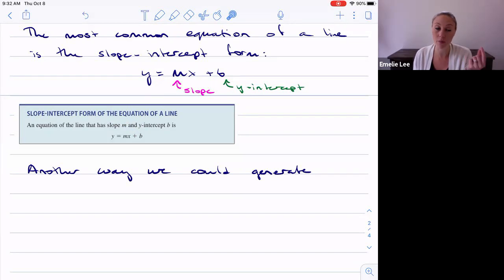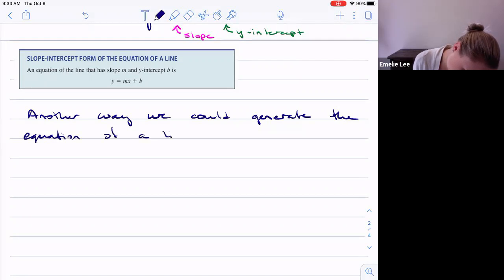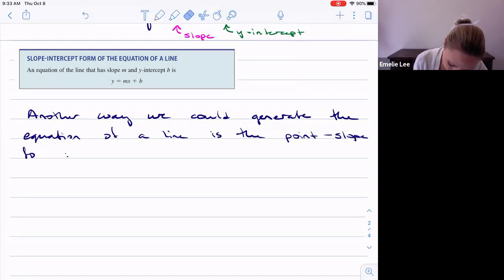Sometimes you have maybe a point and the slope. So another way we could generate the equation of a line is the point slope form. You're going to get to the same thing, and I'll show you how in just a second.